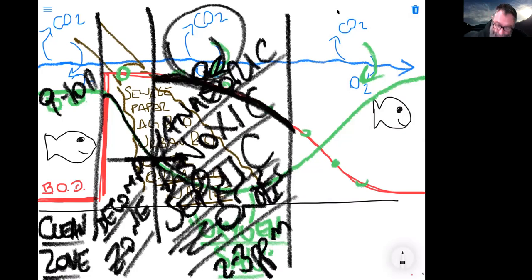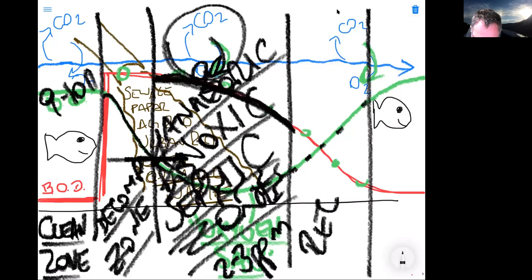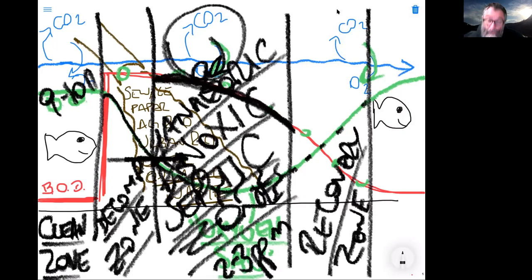So eventually, oxygen levels will start to recover. That's why this is called the recovery zone. That says recovery zone. So you're coming back to levels where fish life is possible.